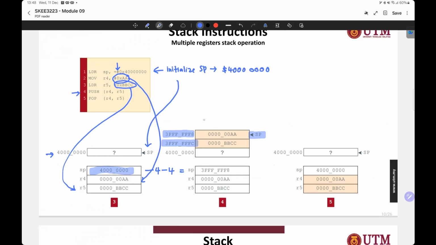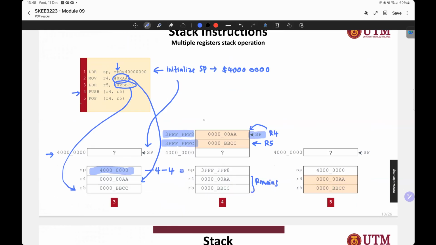Since 3FFFC is the higher memory address, R5 will be stored here, meanwhile 3FFF8 is the lower memory address, so R4 will be stored at this address. What happened to R4 and R5 after the push instruction? They remain, no change on R4 and R5.